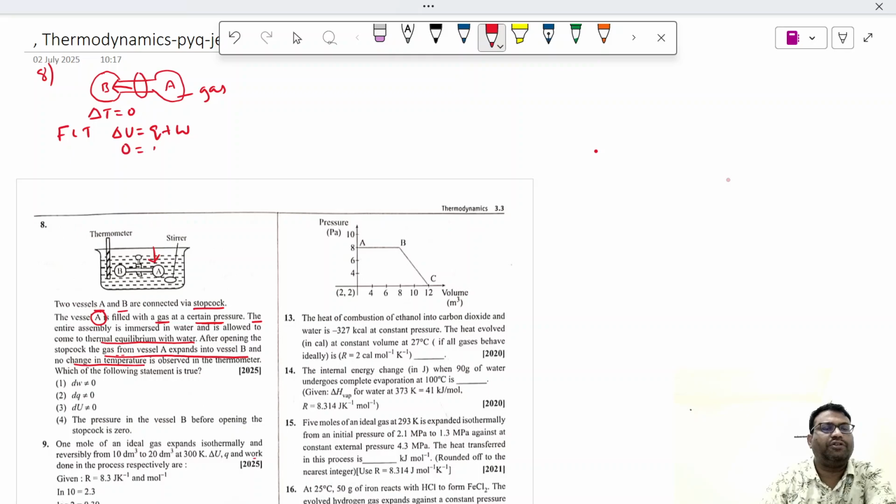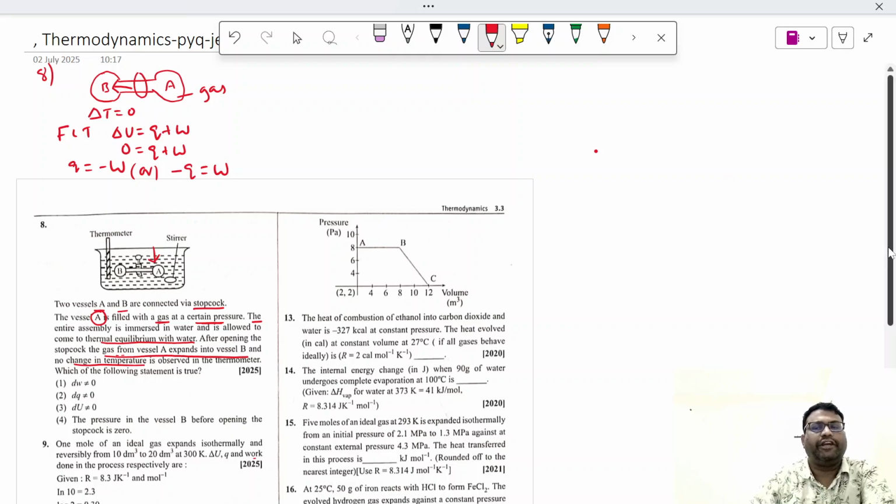So 0 is equal to Q plus W. That means Q is equal to minus W, or minus Q is equal to W. Here some process has occurred. That means work is done. A has expanded, so work is done by the gas.